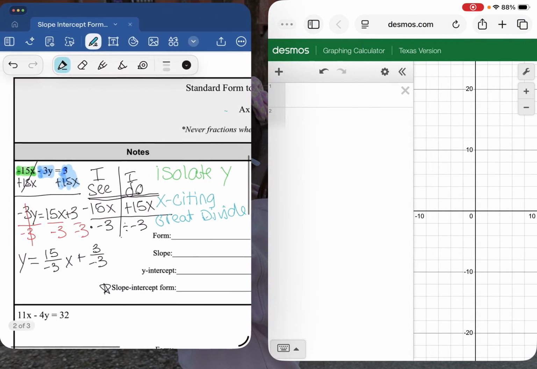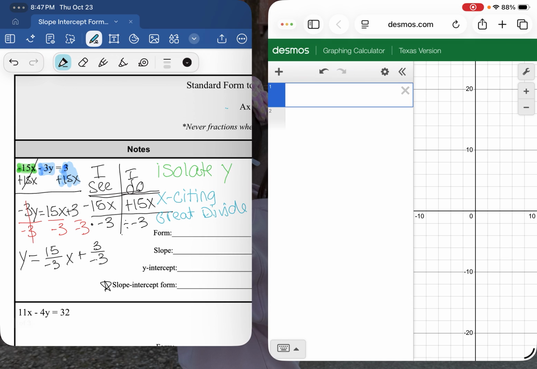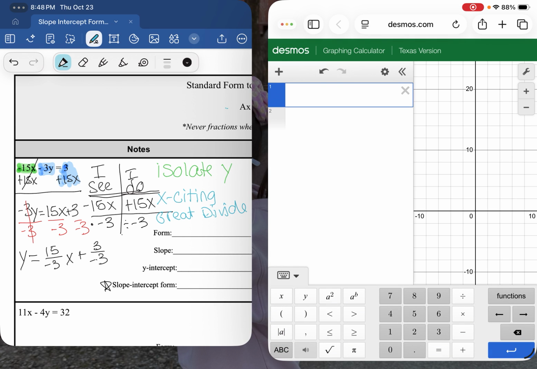So let me slide this over. I have 15 divided by negative 3. If I don't know what that is, or I don't remember if it should be negative or positive, I'm going to enter that in Desmos and see what we get, which I get negative 5. So I know this simplifies to negative 5x.